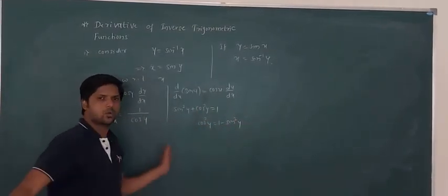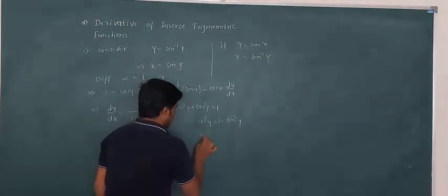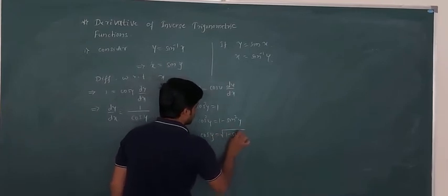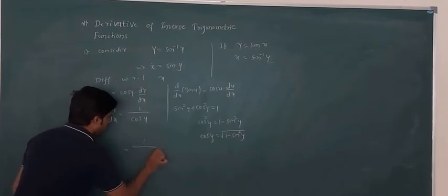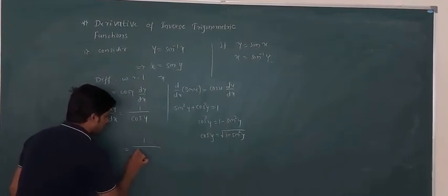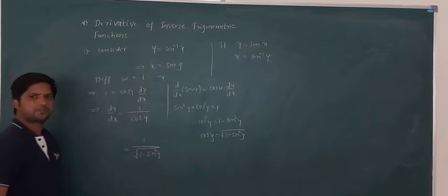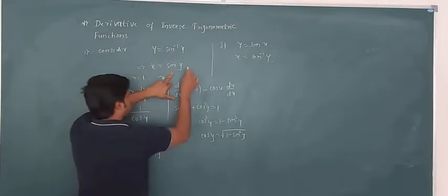So cos y is equal to square root of 1 minus sin square y. Now 1 upon cos y can be written as 1 upon square root of 1 minus sin square y. And we also have x equal to sin y. Call this equation number 1.